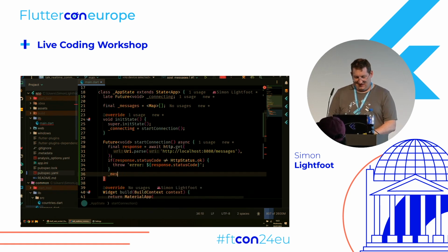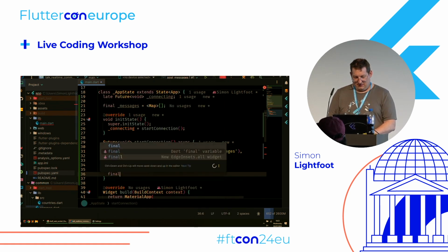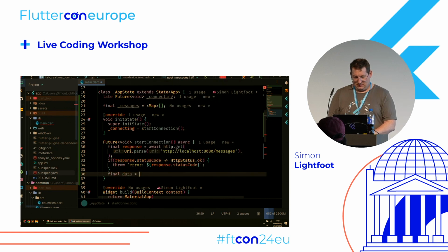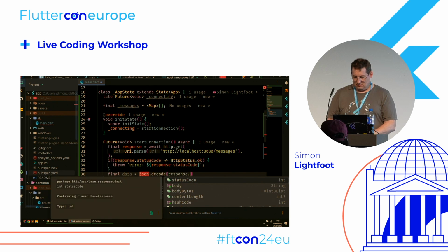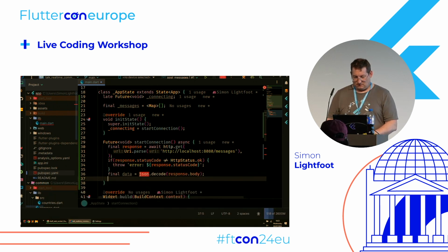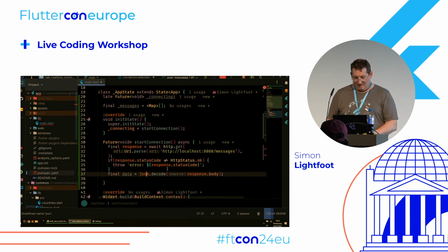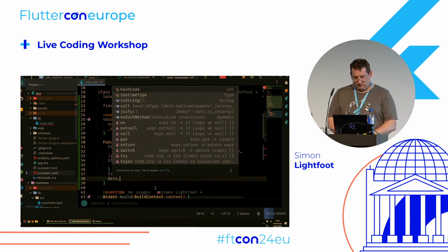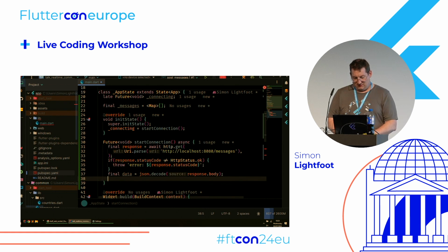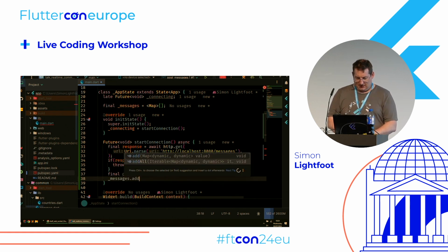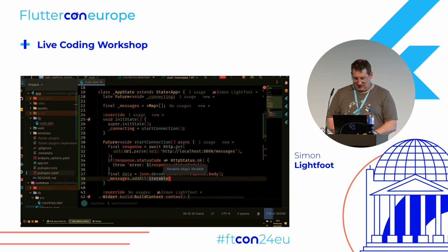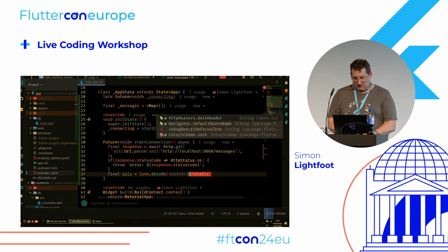Right, so we're going to say final, I don't know, JSON.decode, response body. All right, so we're going to have some data back. That's going to be our full list. And we had the messages key, didn't we? Right, so we'll say messages add all and see how badly this will break. We'll find out.